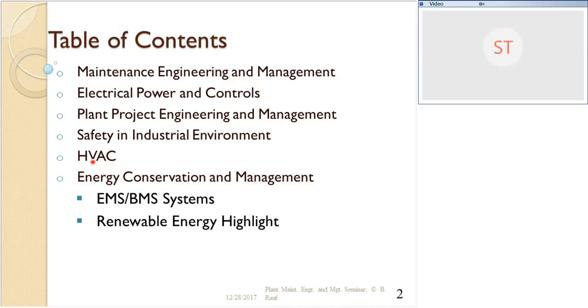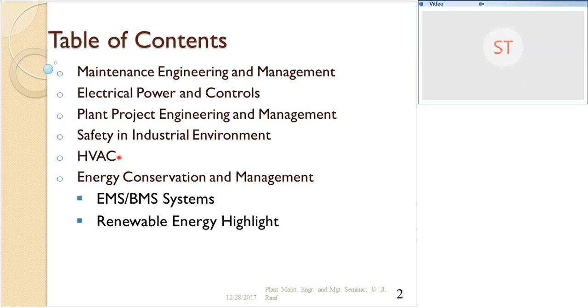When we say that it has a significant footprint, it means energy cost is significantly a function of how efficiently you operate your HVAC system, how well you manage them.